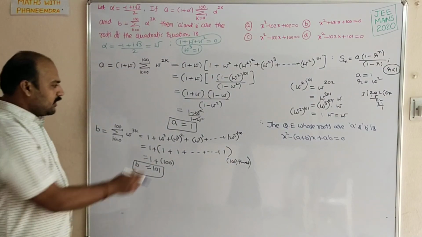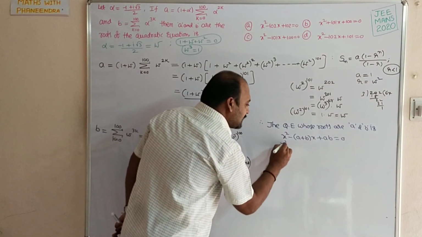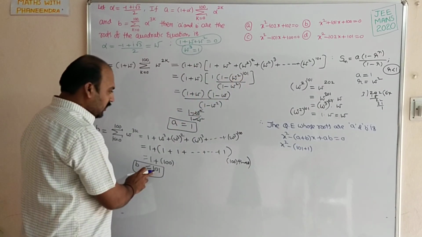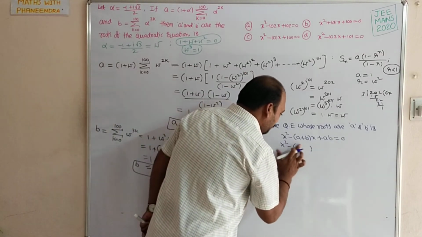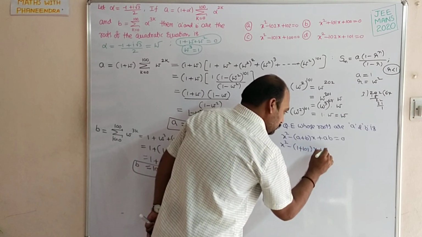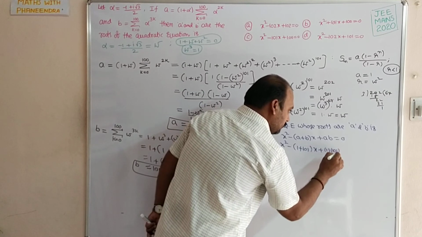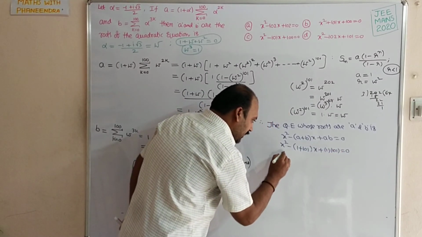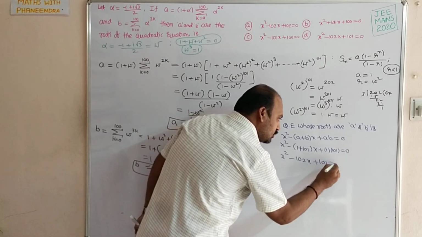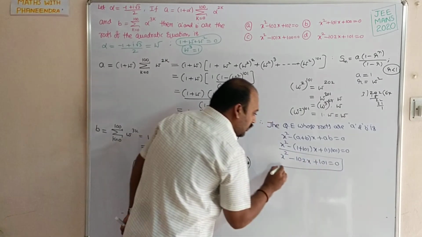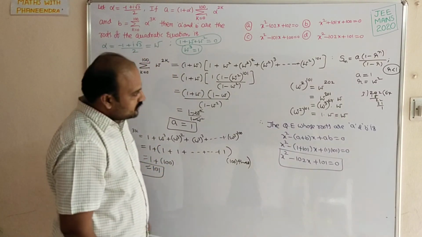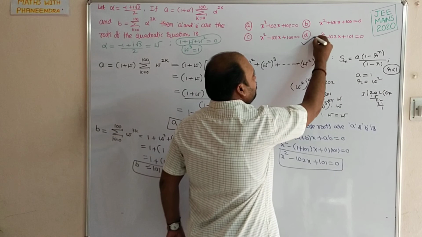B value 101, A value 1, x square minus 1 plus 101 into x plus 1 into 101. So x square minus 102x plus 101 equal to 0, which is the required quadratic equation whose roots are A and B, which is there in the fourth option.